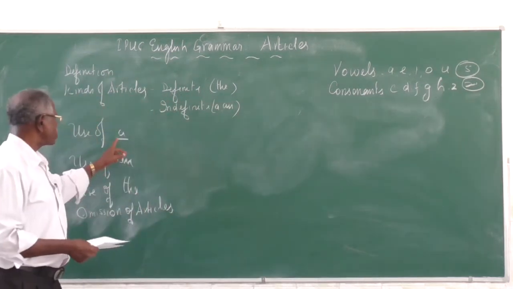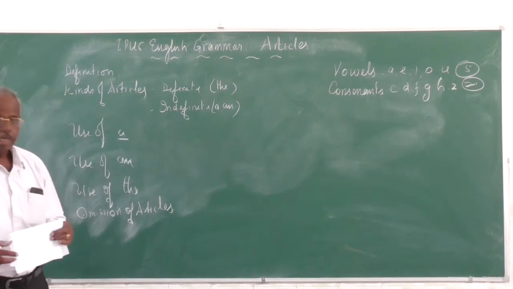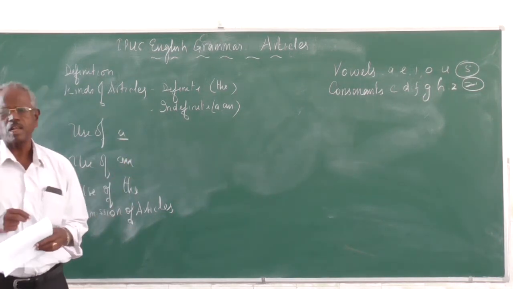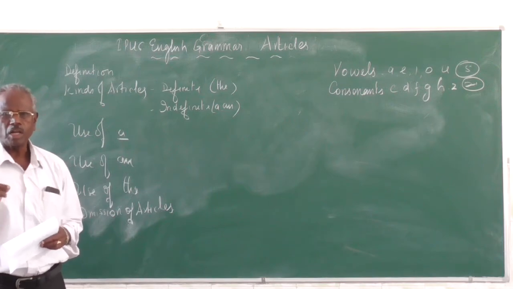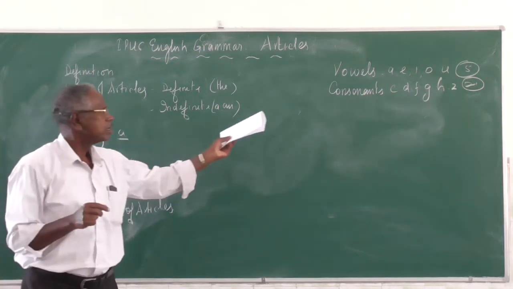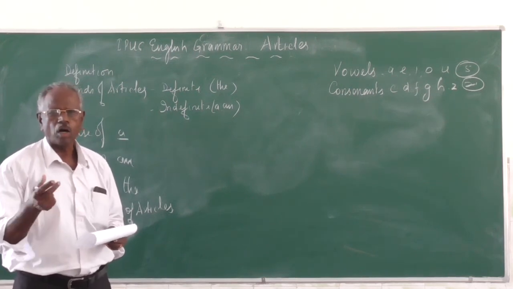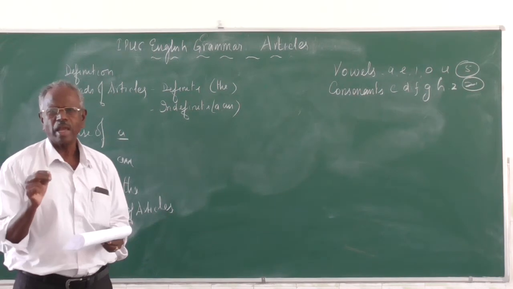Then we have to use a and the. So, a is used before a word beginning with a consonant. For example, a book, a cat, a dog, a goat. So, they are all consonants. We use a.